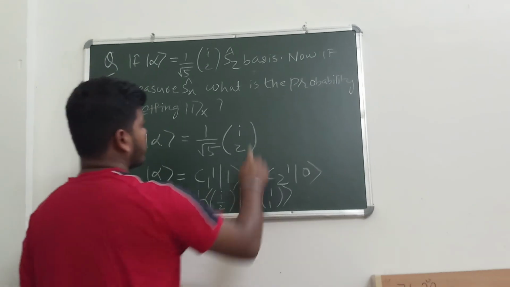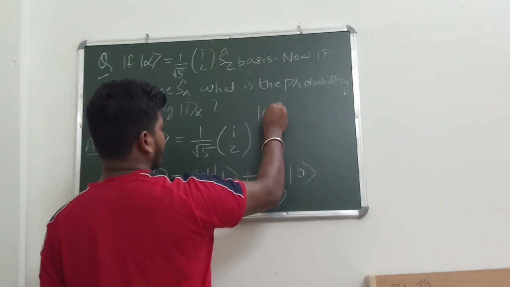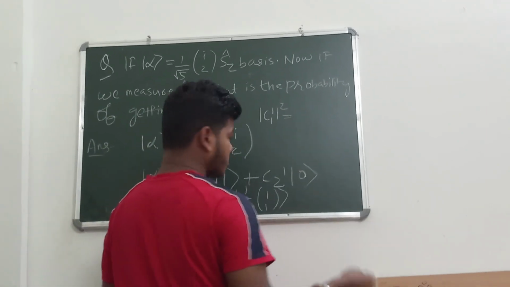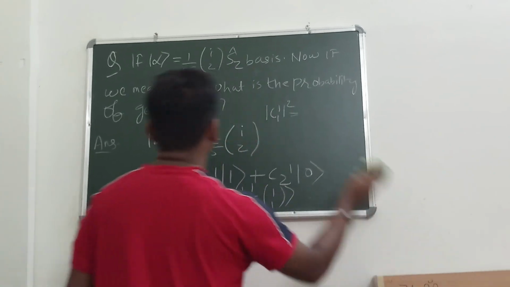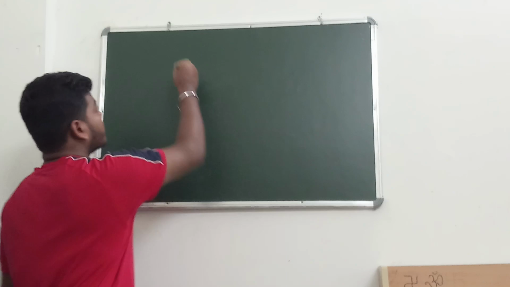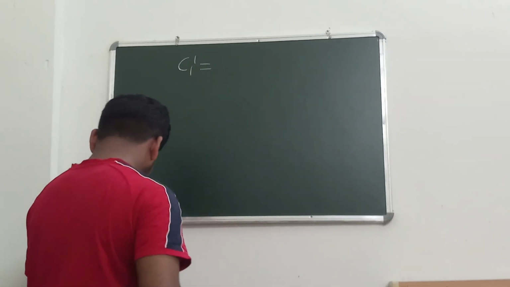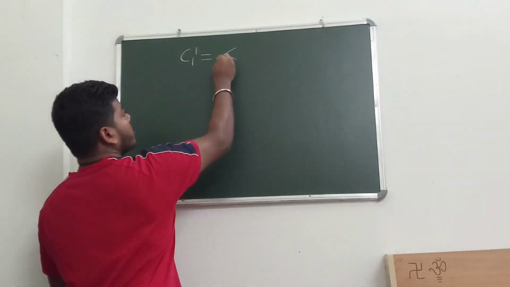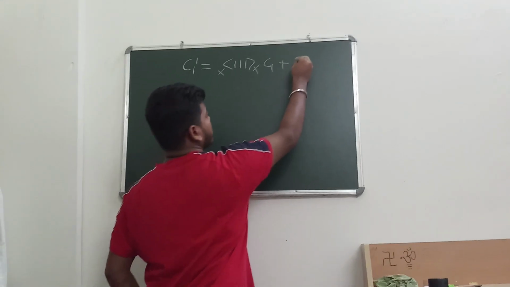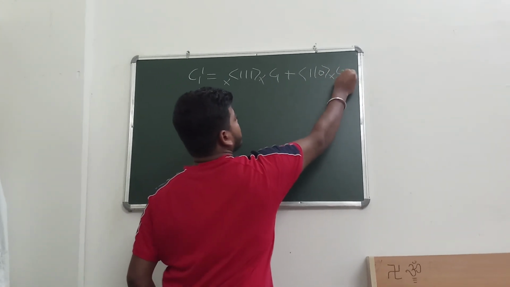Now I have to find the probability. Probability means C1 prime square. So C1 prime I can write as 1 x C1 plus 1 0 x C2.